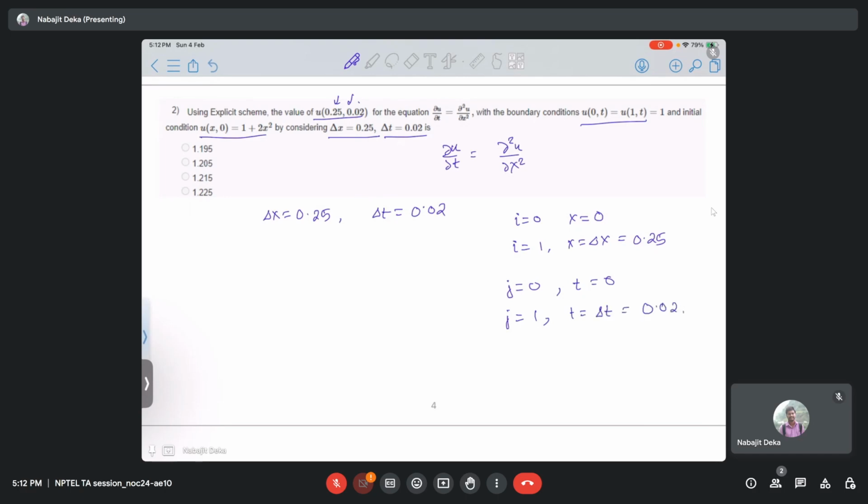So effectively we require u 1 comma 1 to find out, that is effectively at 0.25 and 0.02. So we have to use the explicit scheme.